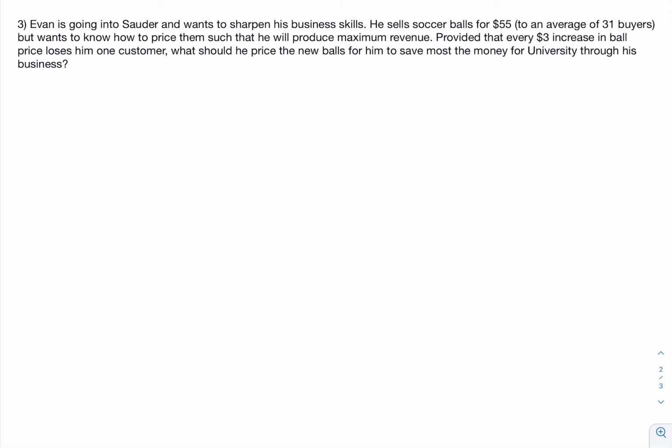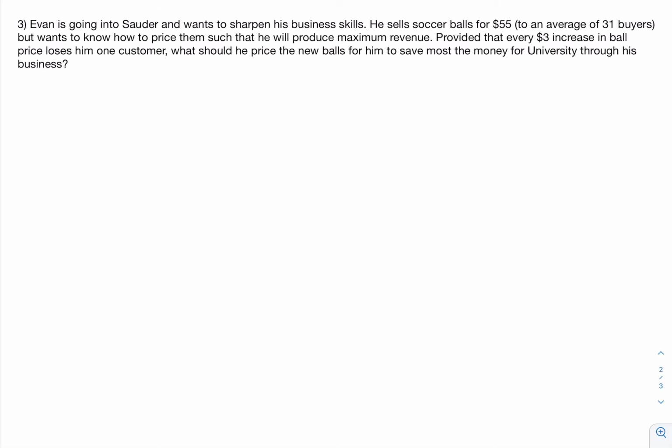This relates to what I talked about in a previous video called optimization. We're trying to optimize how much revenue we can bring in for a set of given initial and adaptive conditions. We have the initial $55 and 31 buyers, and for every $3 increase, he can sell balls to one less customer.